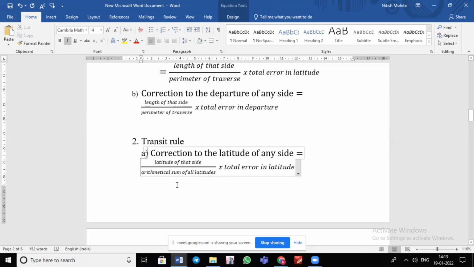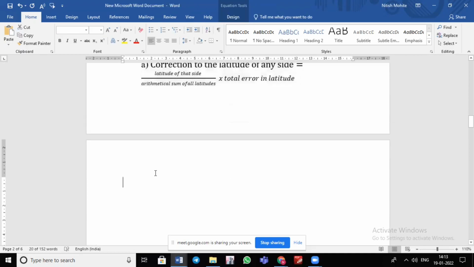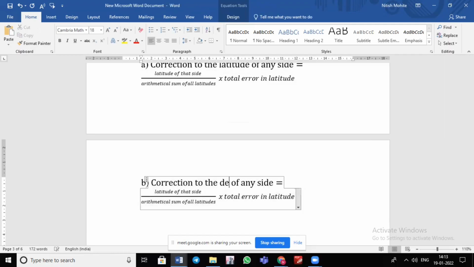Similarly, for departure, what will be the formula? The change is that instead of latitude, it will be departure. Whenever we solve the problem, you will understand it.